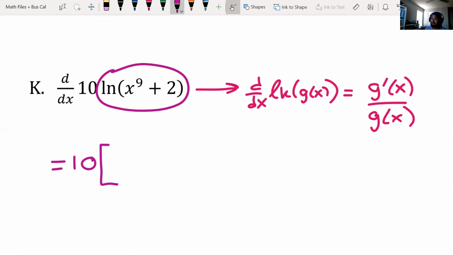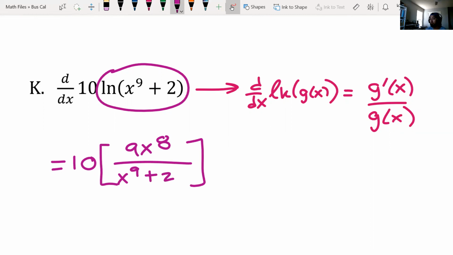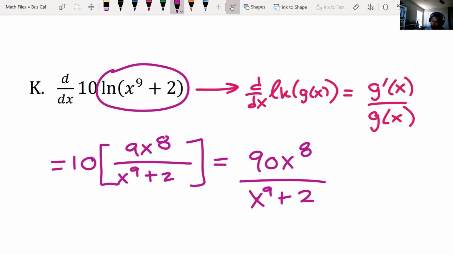We take the derivative of the inside, which is 9x to the 8th, and put it right over the inside function, x to the 9th plus 2. Now just multiply the 10 in, and you'll get 90x to the 8th over x to the 9th plus 2.